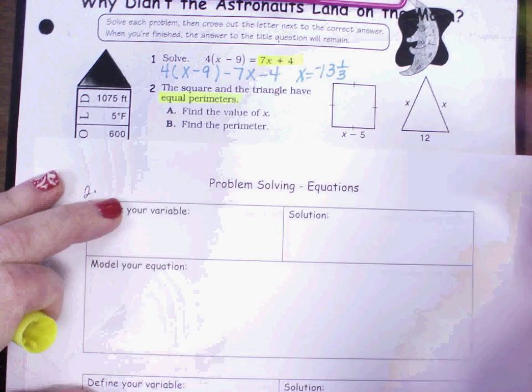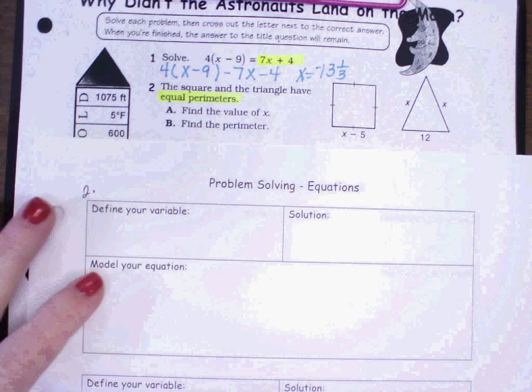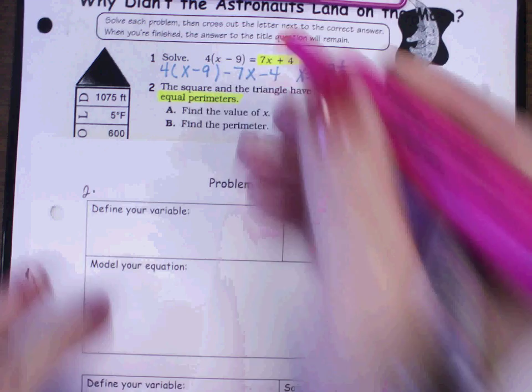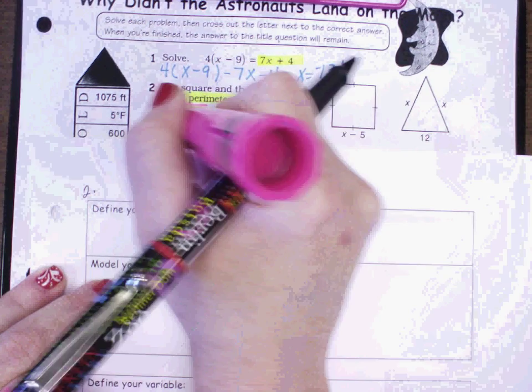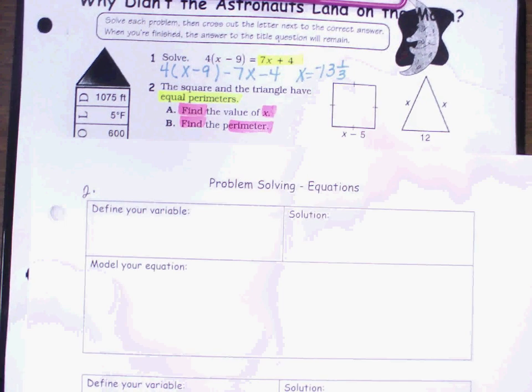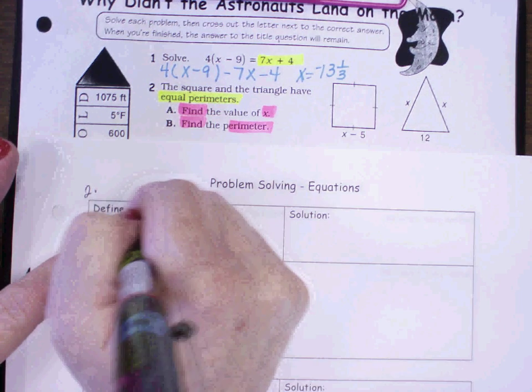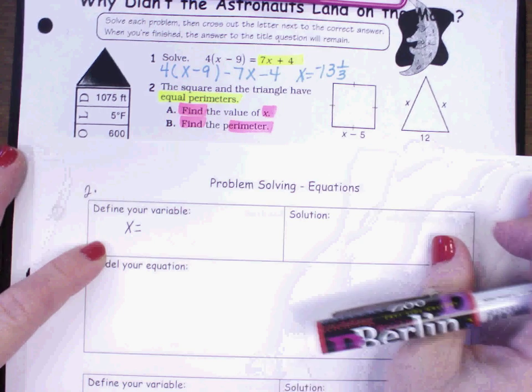All right. The square and the triangle have equal perimeters. That's important. Let's highlight. Find the value of x and then find the perimeter.